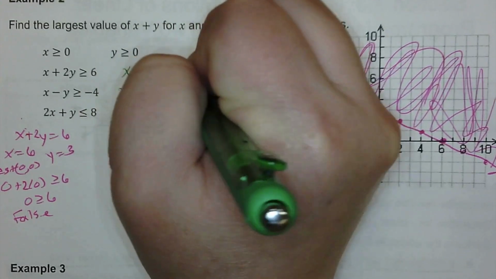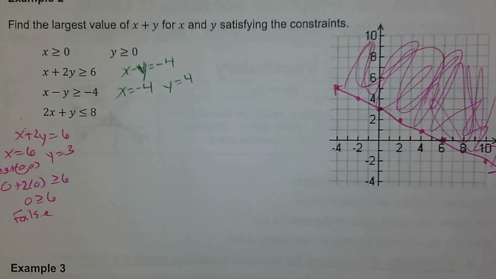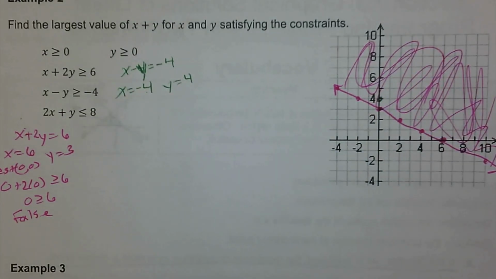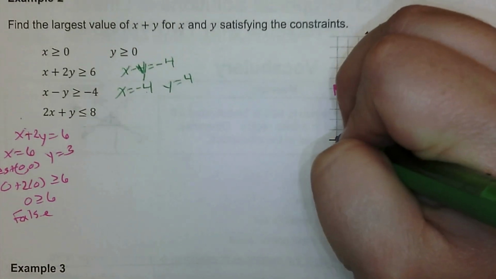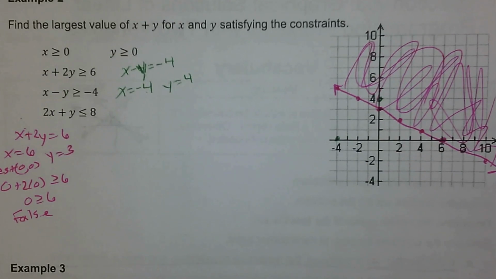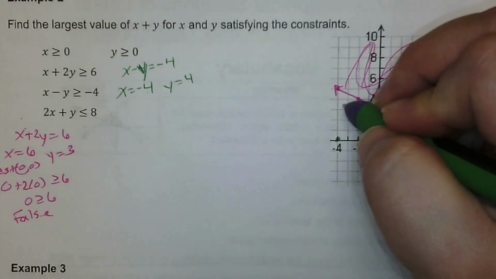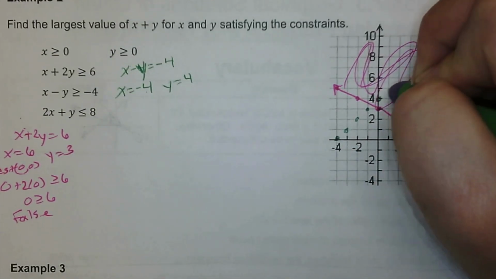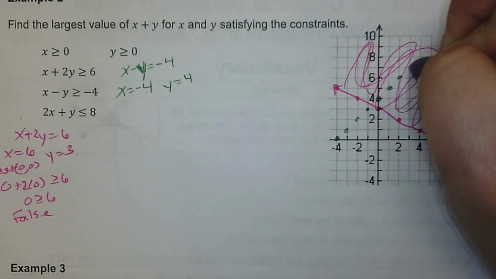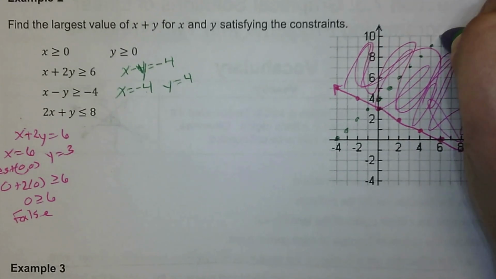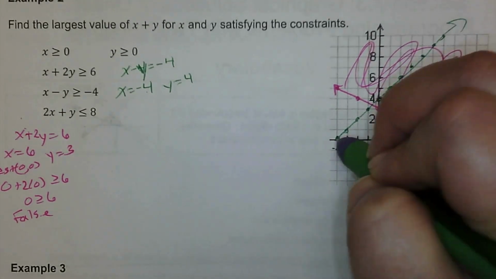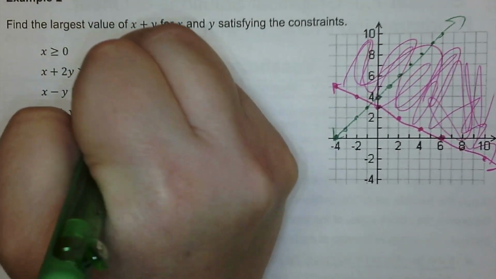So that means y equals 4. So the y-intercept is 4. The x-intercept is negative 4. Up 4 over 4 means a slope of 1. Oh, we didn't double dot there. But okay, it might be okay. We'll just see. Let's test 0, 0.